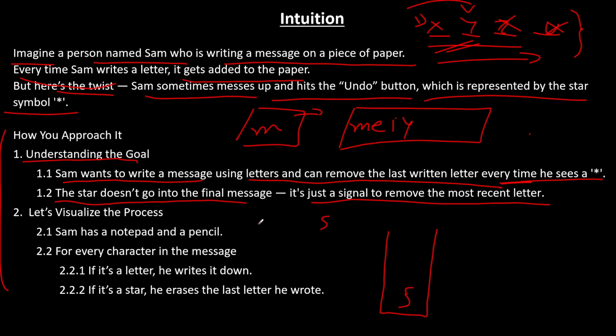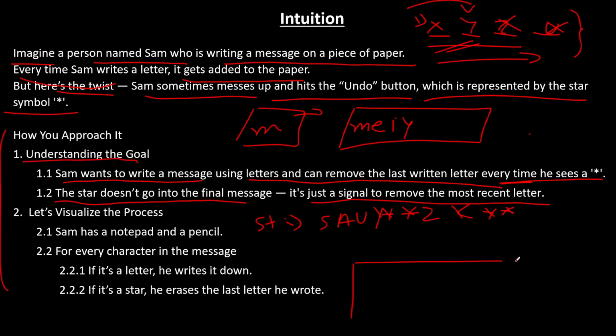Or you can say that he has a statement S A U Y star Z then K and then star star. Okay. Now look, S is there. He thought of putting S onto the sheet of paper, right? Let me draw it properly. Let this be the sheet of paper. So he encounters S, he writes S here. When he encounters A, he writes A here. He encounters U, he writes U, Y.